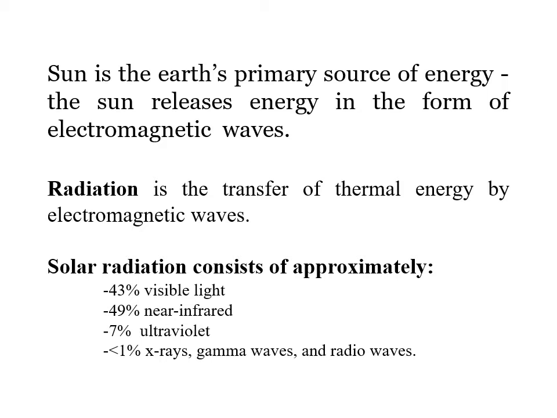So in this process of nuclear fusion, from four hydrogen to one helium, the helium produced has a mass about 0.7% less than the summation of the mass of these four hydrogen atoms.